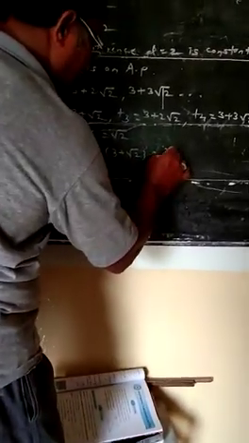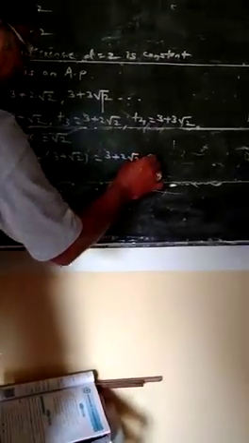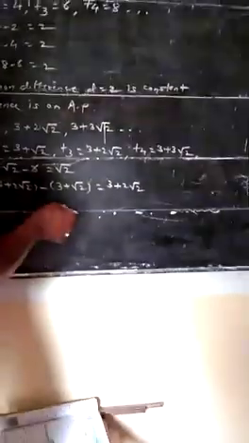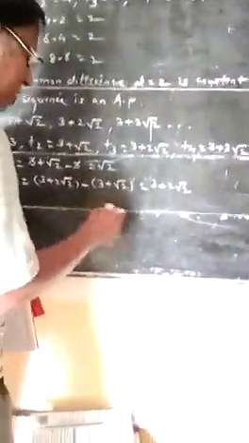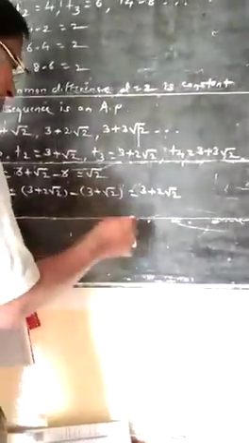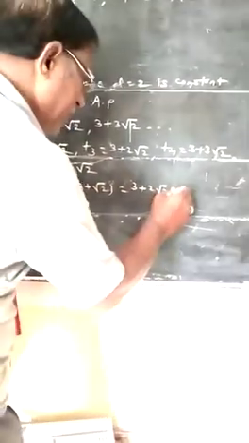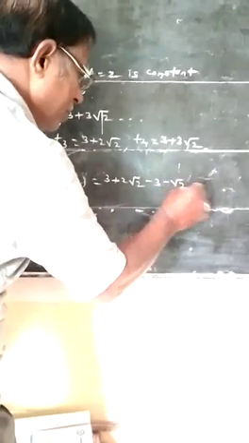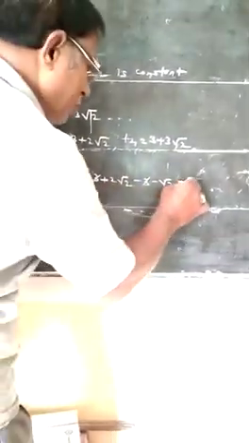Since there is a minus sign outside the bracket, the signs of the terms will be changed. 3 will be minus 3 and plus root 2 will be minus root 2. Then 3 minus 3 cancel and 2 root 2 minus root 2 is root 2.